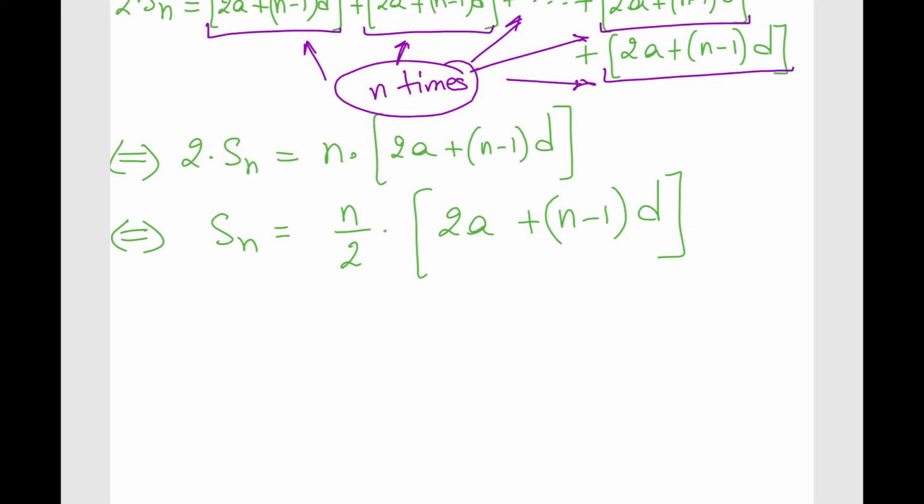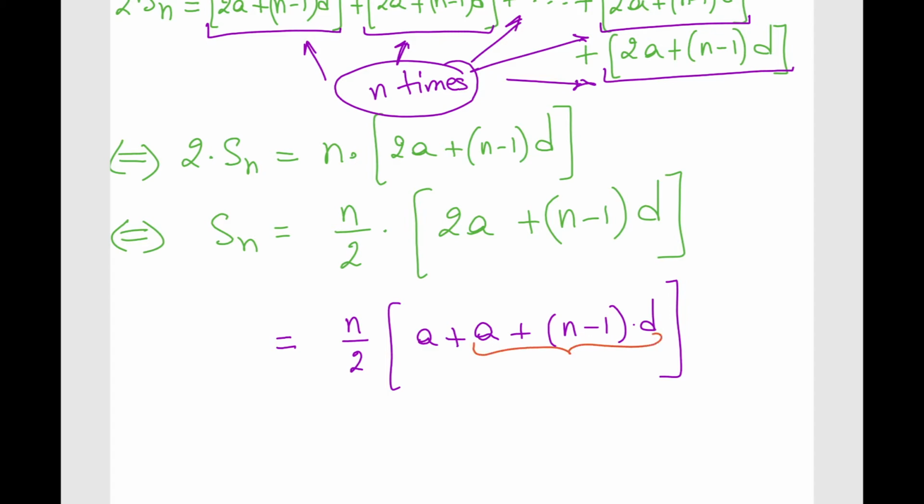Let's write it as follows. This is the same as n over 2 times (a plus a). I can think about 2a as a plus (a plus (n minus 1) times d), correct? And what's this guy?